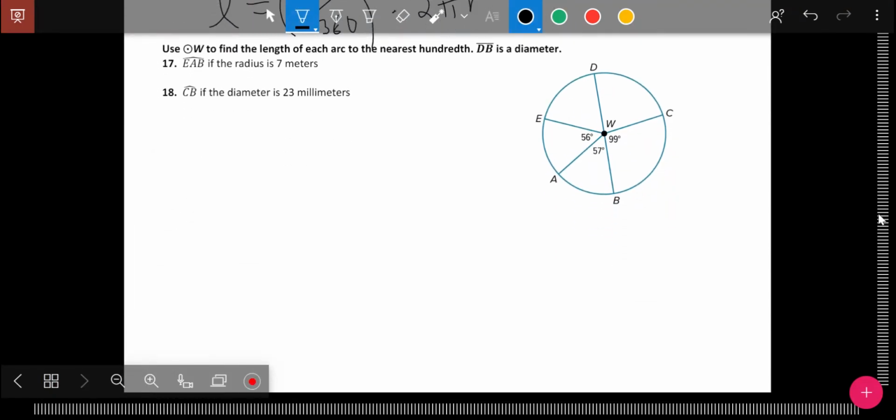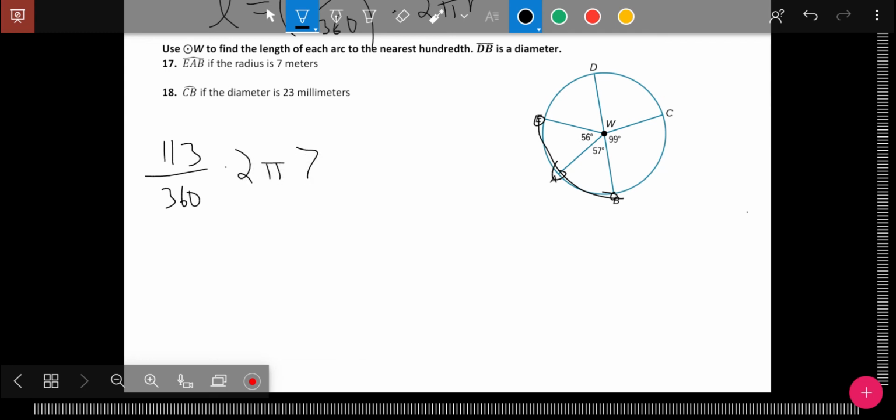So for 17, I want to do the arc EB. Where's EB? So E to B there. The degree there is 113. So that's the measure, over 360 times 2 pi, and r is 7.